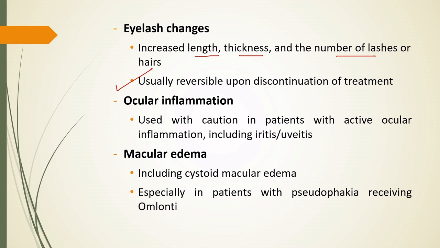Hence, it must be used with caution in patients with active ocular inflammation, such as in patients of iritis and uveitis. It is also involved in the development of macular edema, including cystoid macular edema. This cystoid macular edema has especially been seen in patients who are having pseudophakia and once they receive Omlonti.